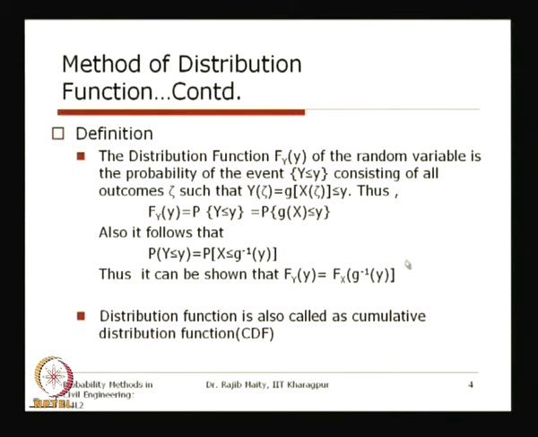That is, if I know the specific value of y, and if I know the cumulative distribution function of x, then from this form we can get the probability that Y is less than or equal to the specific value y from that cumulative distribution function of x.